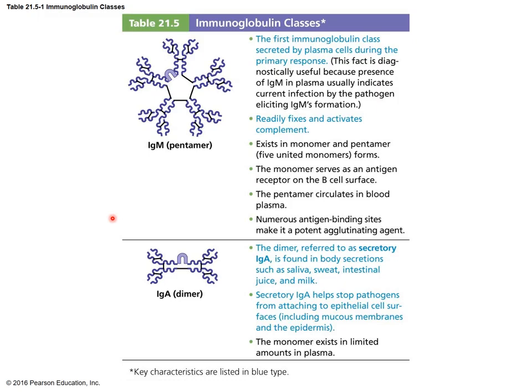IgA is a dimer. You have 2 of these structures connected together. Sometimes it's referred to as a secretory immunoglobulin because it's found in body secretions such as saliva, milk, and sweat. This will only exist for a limited amount of time.